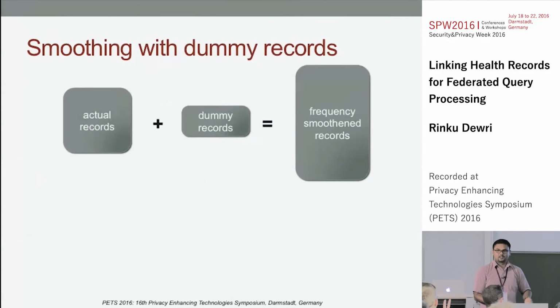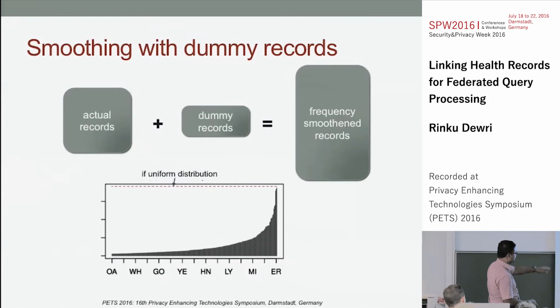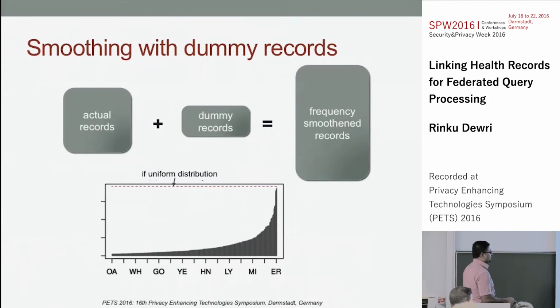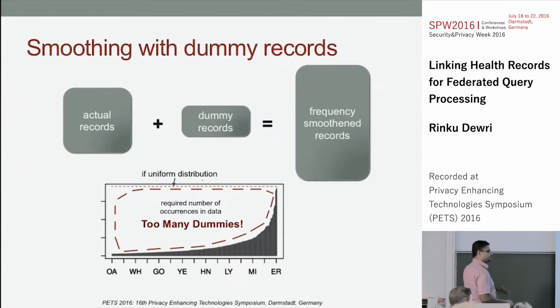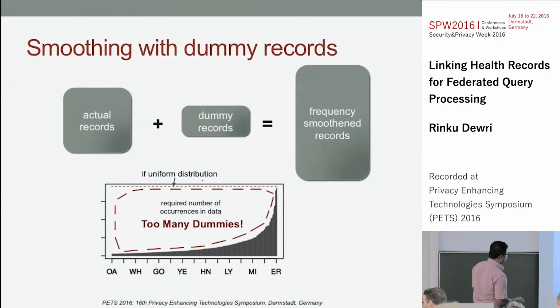So one way to handle this would be to insert dummy records into the actual records. If you look at the distribution of the frequencies of bigrams in some attribute, this is the uniform level. If all frequencies were at this level, it would have been uniform. So we could use this empty space, which tells us the count of bigrams we can use for each of these to create dummy records.